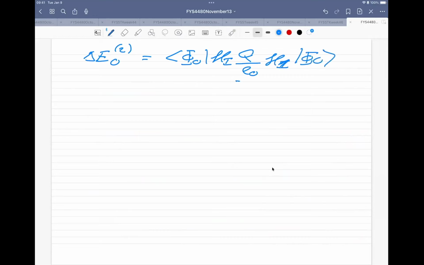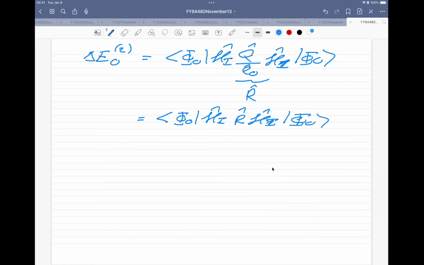And now I'm just going to replace this with another operator. So these are all operators. I'm going to call this R, which links with the resolvent, which we defined earlier. So I can rewrite this as phi 0, and then I have my H_I multiplied with this operator, multiplied with H_I, and phi 0.